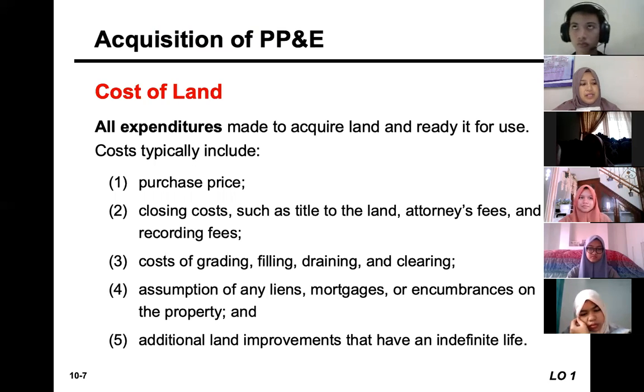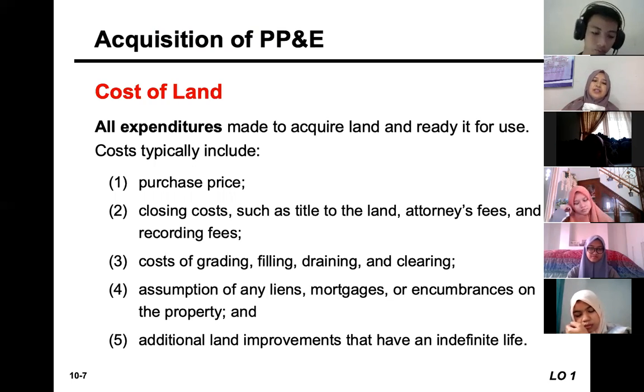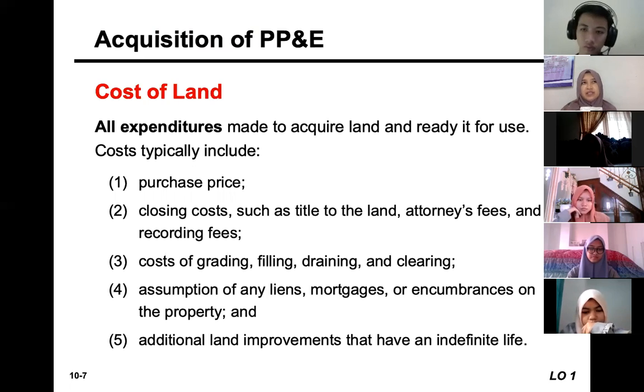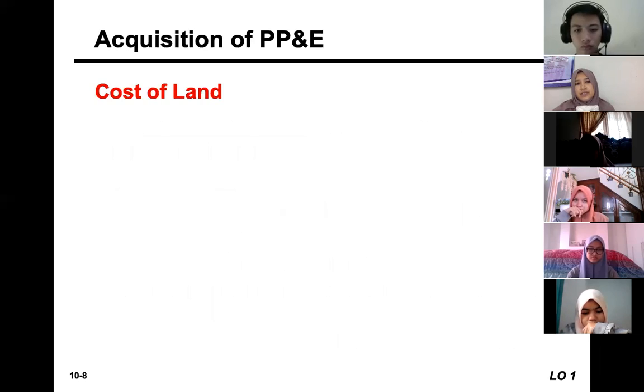For example, maybe the company built the parking that will be used permanently. So that one also will be considered as additional land cost. Oh, not the parking. Parking will be a separate building, right? Maybe this is like a pavement, jalan laluan, it is permanent in nature. So it will be considered as a cost of the land.